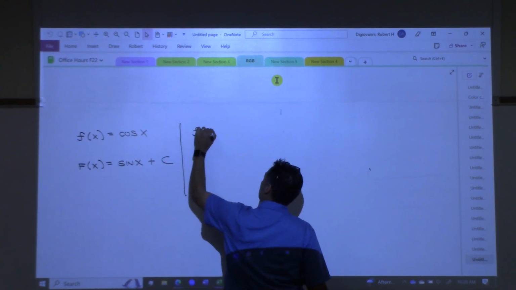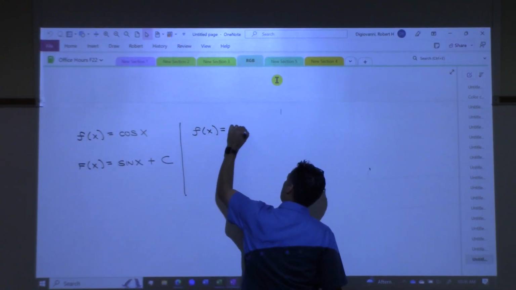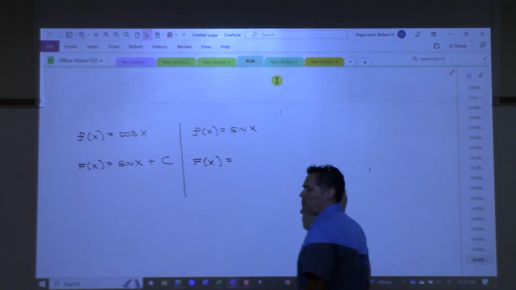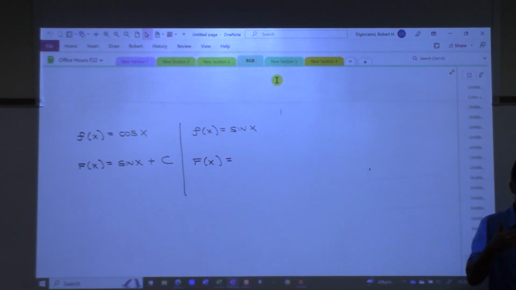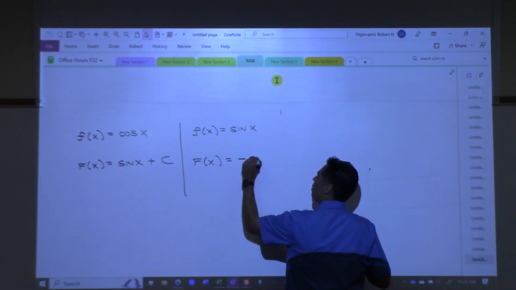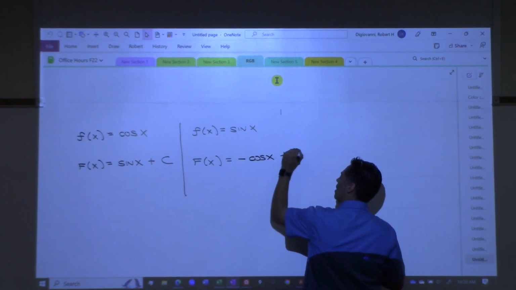What if I put sine here instead? Careful. What's the derivative of cosine x? Negative sine x, right? So we can't use cosine here. We have to do negative cosine. Negative cosine of x plus c.